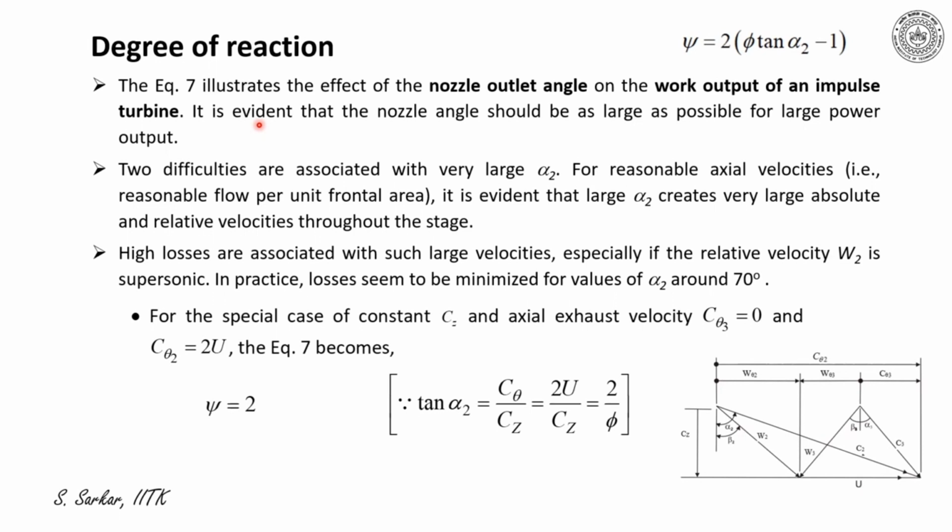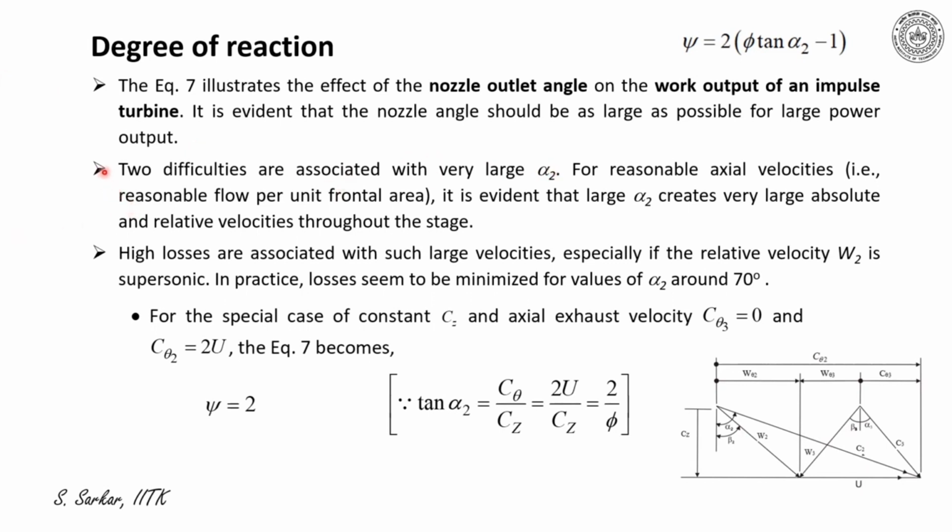It is evident that the nozzle angle should be as large as possible for large power output. Please note that two difficulties are associated with very large alpha 2. What are these difficulties? I have stated here.